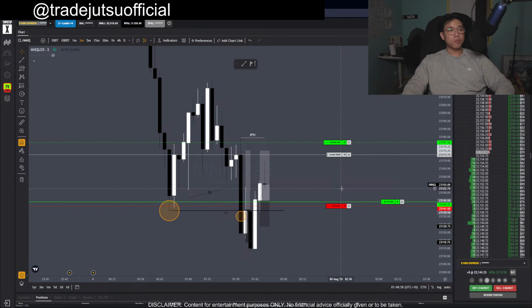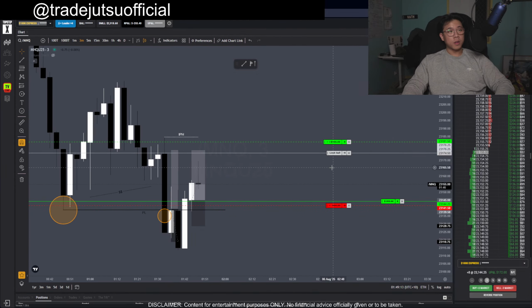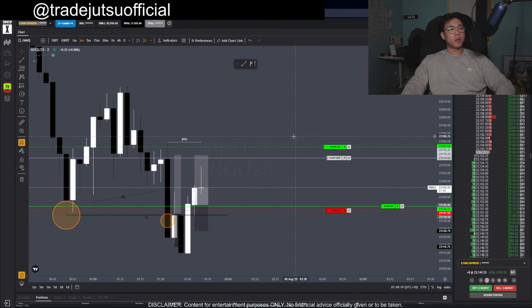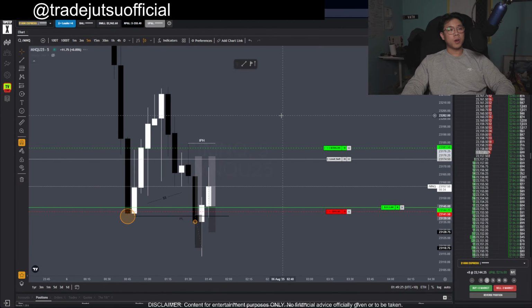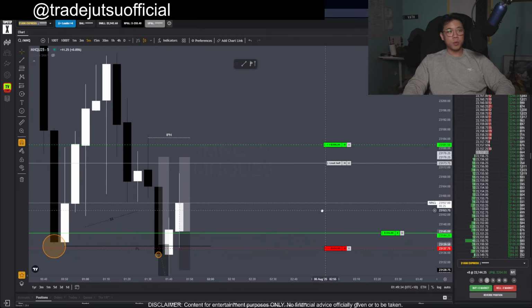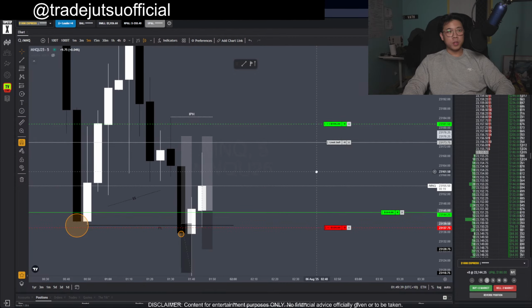Oh wow. I want to keep the eye on the 5-minute. The stop loss will be at the bottom wicks of each 5-minute candle. So 20 seconds left on this candle.